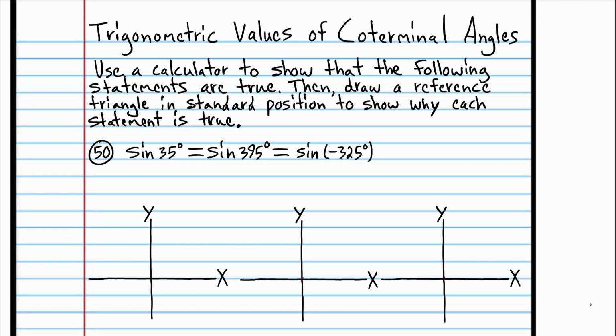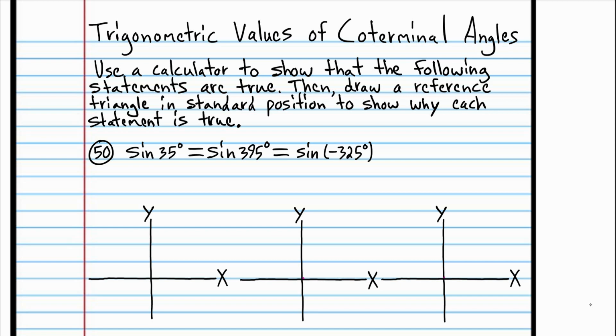Now, cosine is not going to be equal to sine. It has to be the same function in order for this to work. So these problems tell us to use a calculator to show that the following statements are true, then draw a reference triangle in standard position to show why each statement is true.